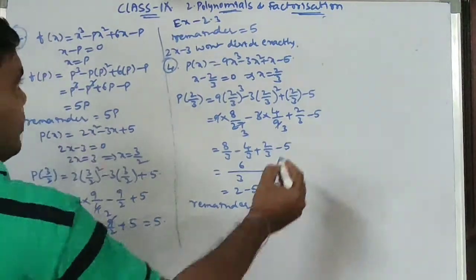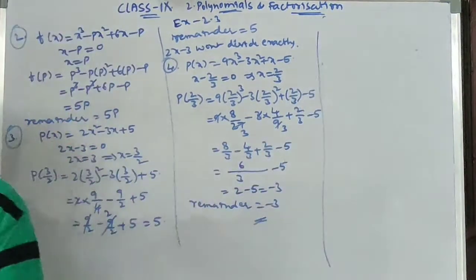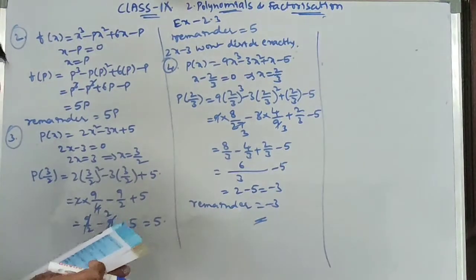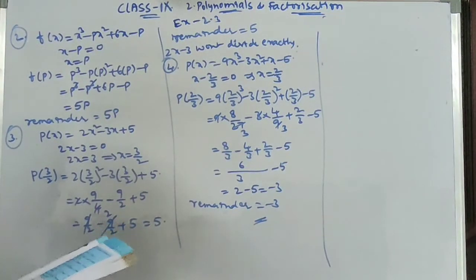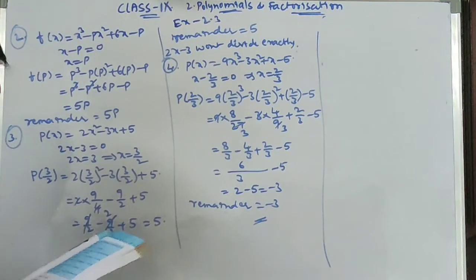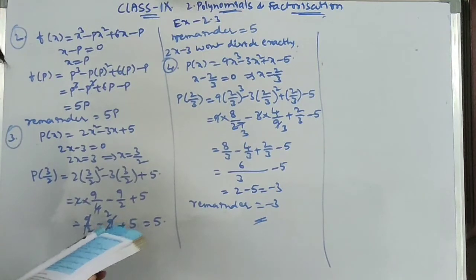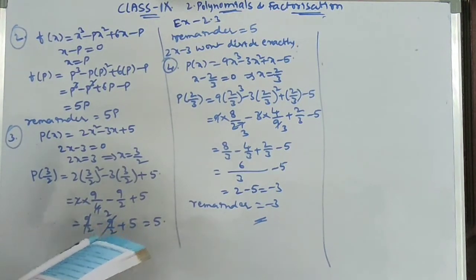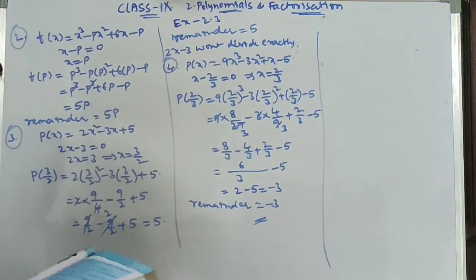Next question, question number 5. If the polynomials 2x cube plus ax square plus 3x minus 5 and x cube plus x square minus 4x plus a leave the same remainder when divided by x minus 2, find the value of a.